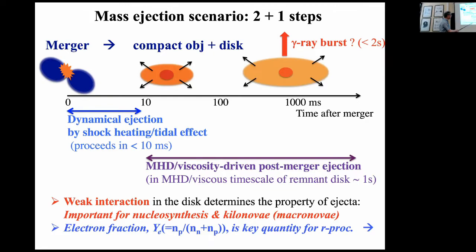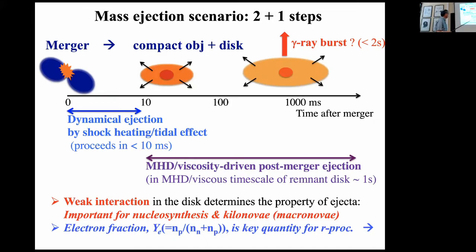This shows the neutron richness: if Y is large, the neutron richness is low, but if Y is small, the neutron richness is high. If Y equals 0, the proton fraction is 0 and the neutron fraction is unity, so it's very neutron rich. In a typical neutron star, this value of Y is 0.05. So a neutron star is neutron rich. This is the reason why neutron stars are very important for synthesizing r-process heavy elements.